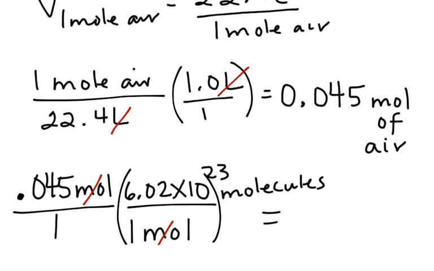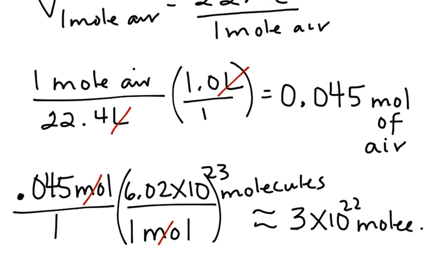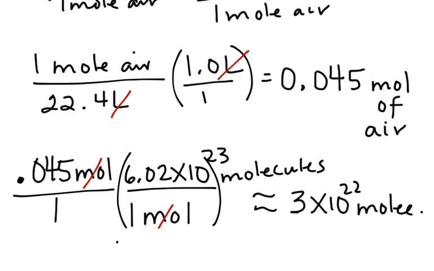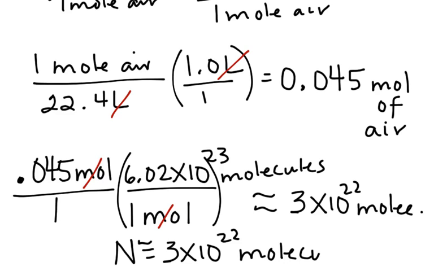I am left with approximately 3 times 10 to the 22 molecules. So my capital N value, which I'm solving for so I can plug it in my ideal gas law equation, is approximately 3 times 10 to the 22 molecules. So put a little red box around that.